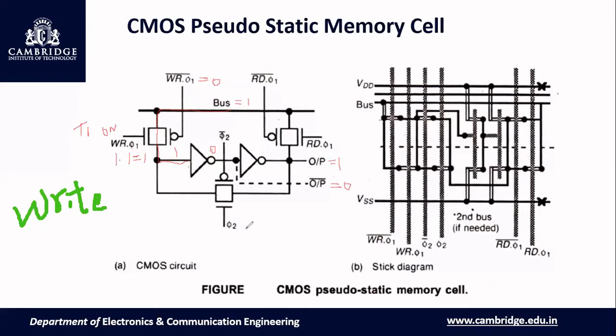During that time, phi2 should be made 0, so that phi2 bar will be 1, and this transmission gate will be off. Let us take this transmission gate as T2.